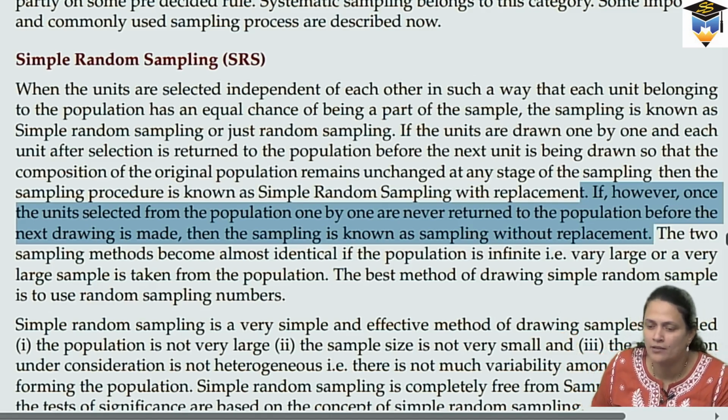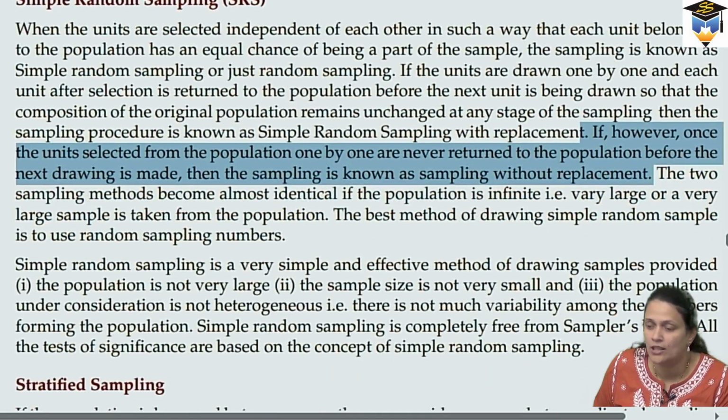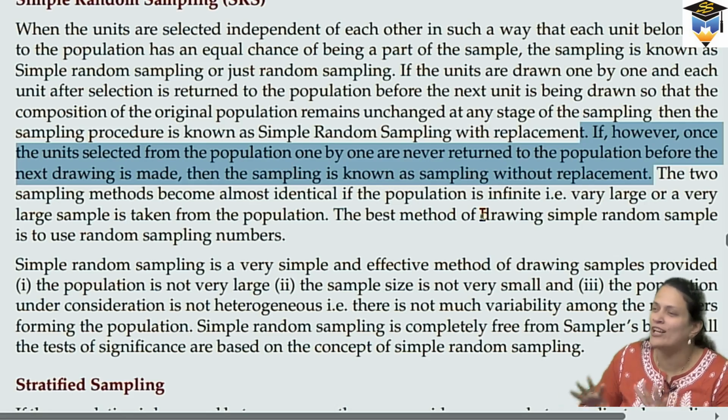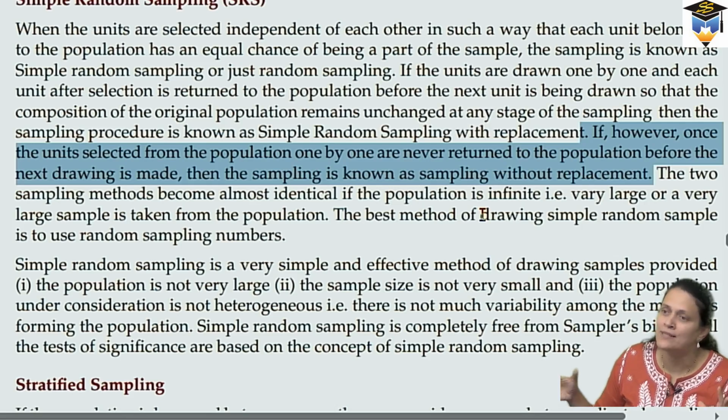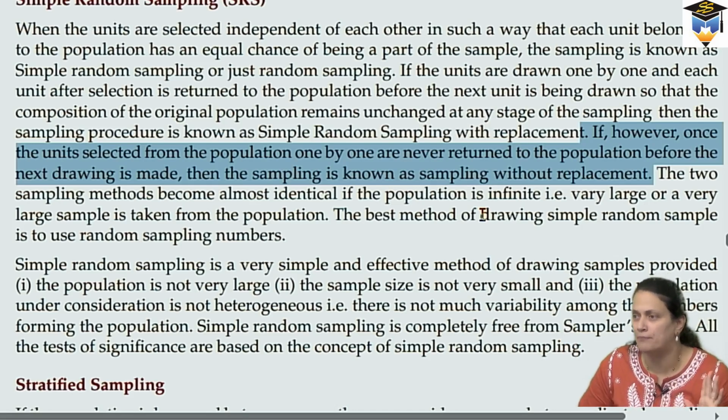So, 2 sampling methods. Write these down. The 2 sampling methods become almost identical if the population is infinite. That is, for a very large population, this process is very lengthy, time consuming, as well as money consuming. So whenever the sample size is small, then only you will select simple random sampling.